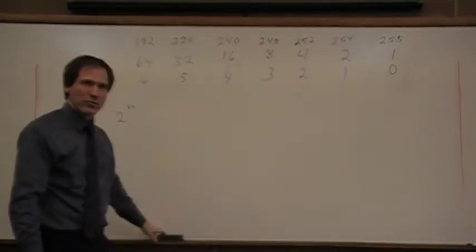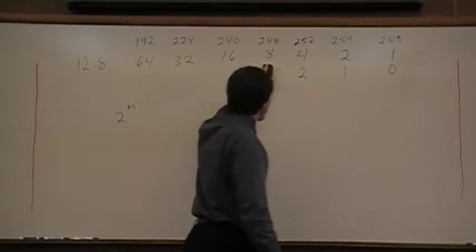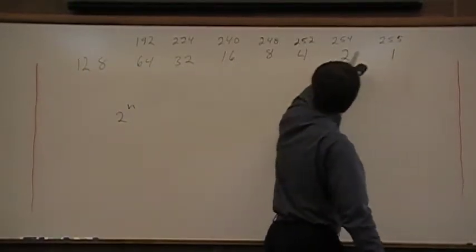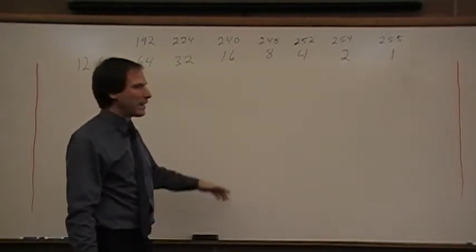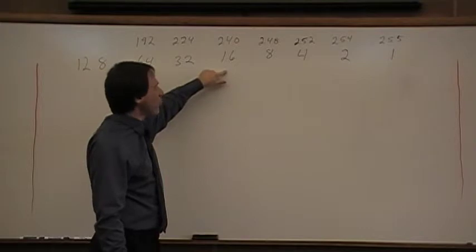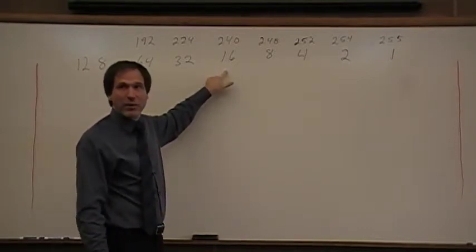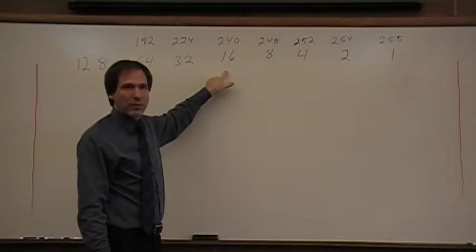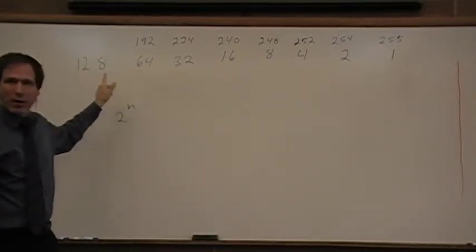See what I'm saying? However, if you just memorize this, you should get into the habit of memorizing that the 4 is underneath 16, or just memorize 2 to the power of 4. You want to picture it in your mind, right? But you should memorize it. 2 to the power of 5 is 32. Memorize that.